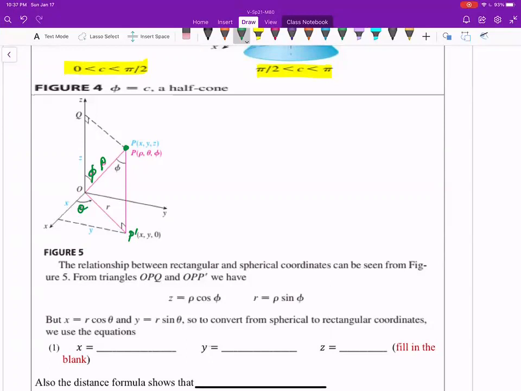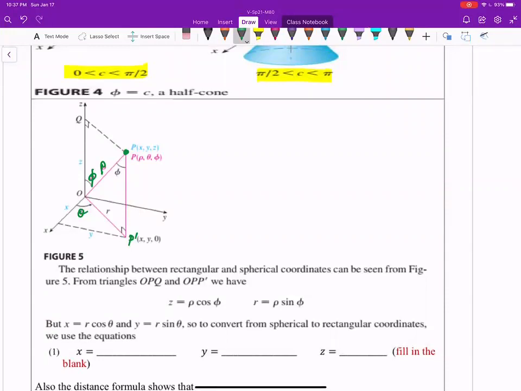And phi is the angle between OP and the positive z-axis. So now let's consider x, y, z, and we will connect cylindrical, spherical and Cartesian coordinates.